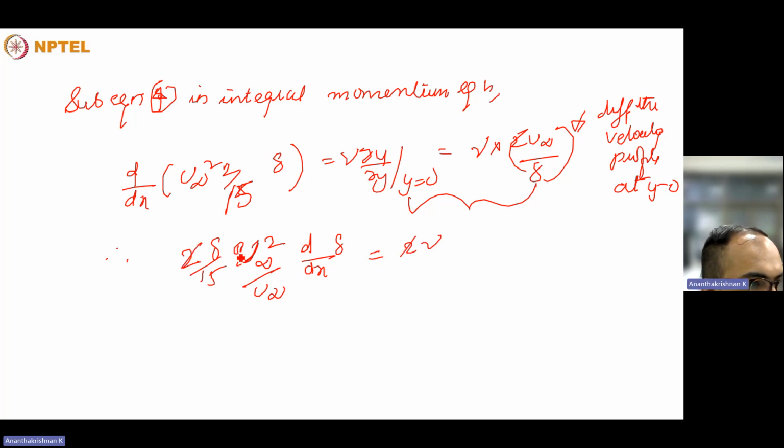The 2 gets cancelled, the u infinity square term gets cancelled, so it will be delta u infinity d delta by dx divided by 15 is equal to nu. Making some changes, we can take the delta inside, multiplying both numerator and denominator. So delta d delta is a differential of d delta squared. D delta squared by dx is equal to 30 nu.